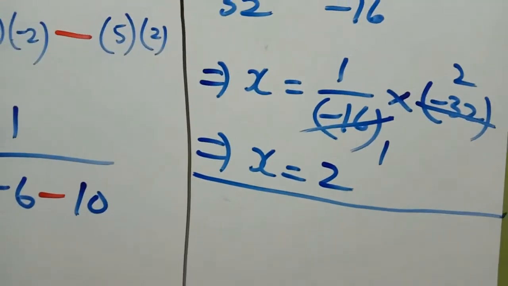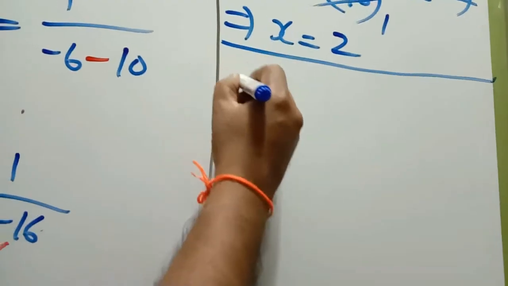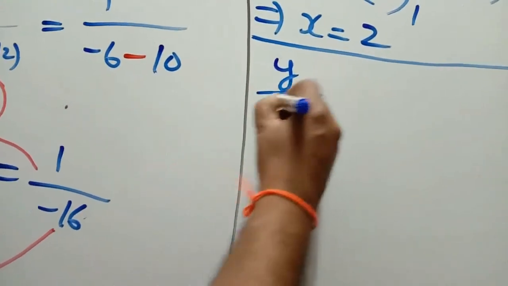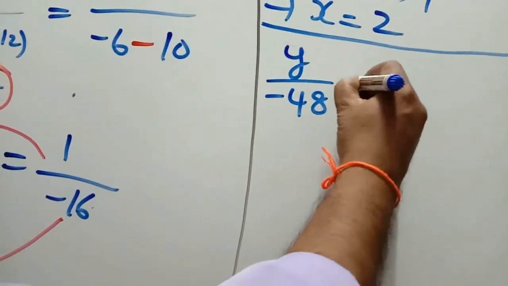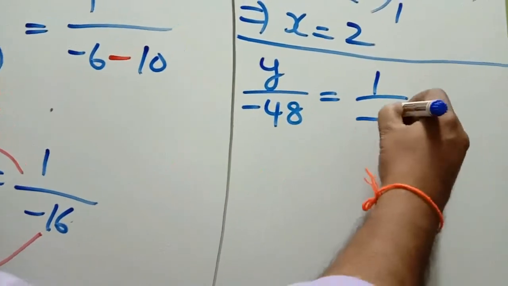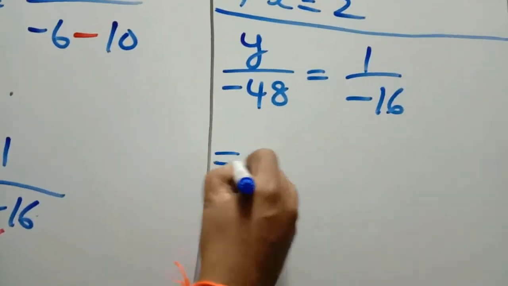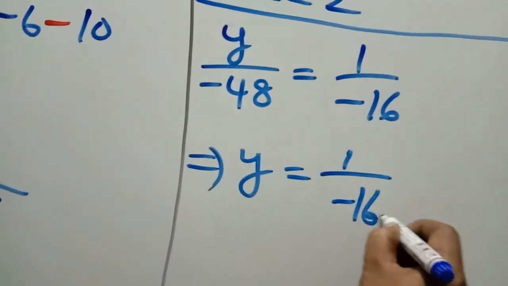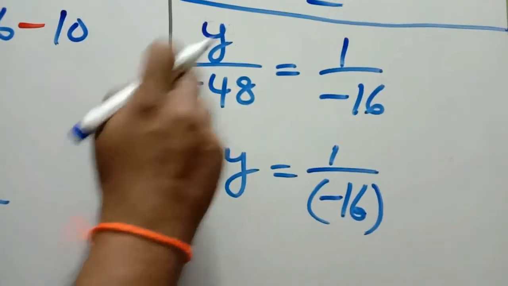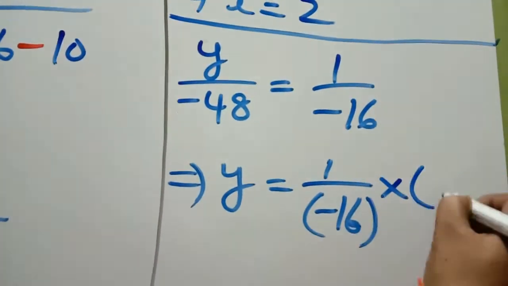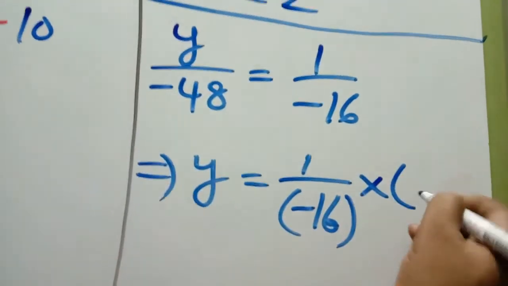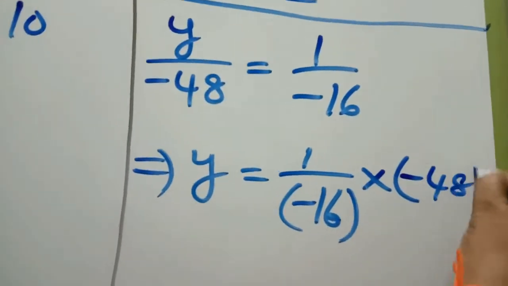Now I'm going to find the y value. The second ratio, y by minus 48 is equal to 1 by minus 16. So y is equal to 1 by minus 16, the by minus 48 will be transposed, into minus 48.